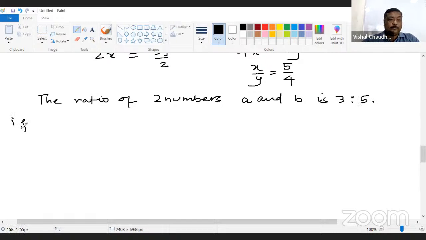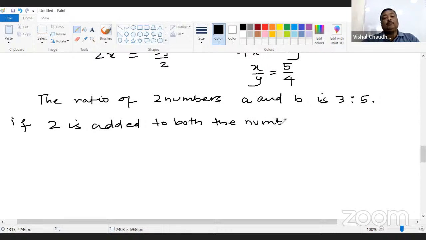If 2 is added to both the numbers, the ratio becomes 2:3.